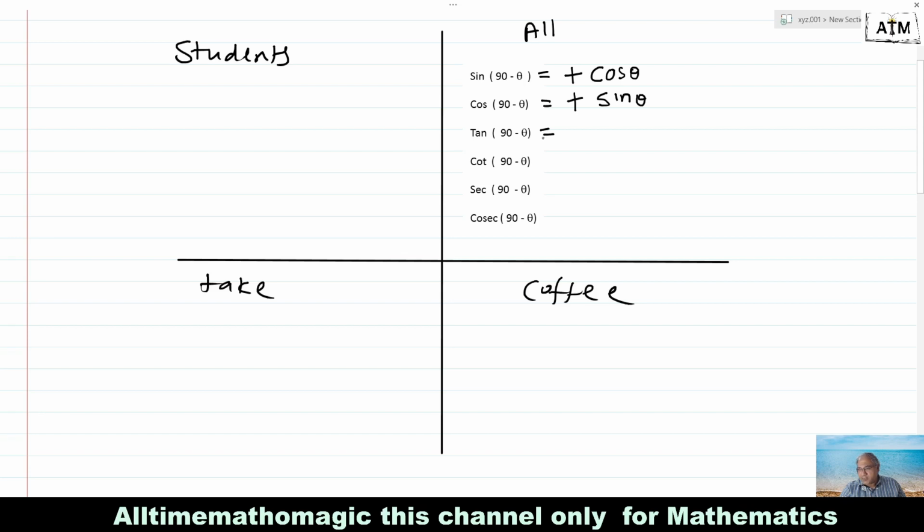After that, tan 90 minus theta. What is the quadrant? First quadrant. First quadrant all are positive. Tan is positive in first quadrant. What is the angle here? Angle is 90. Therefore, conversion takes place. So that is cot theta.